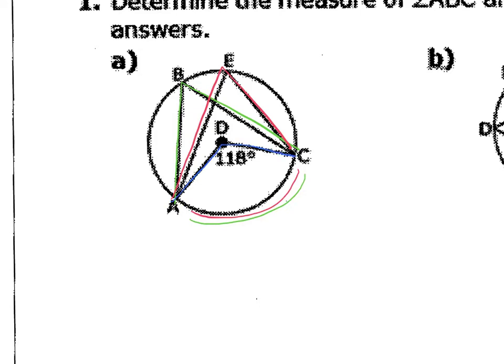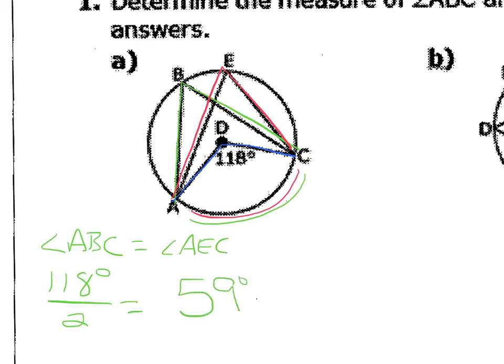So angle ABC will equal angle AEC, which will be 118 degrees divided by 2 equals 59 degrees for both of them.